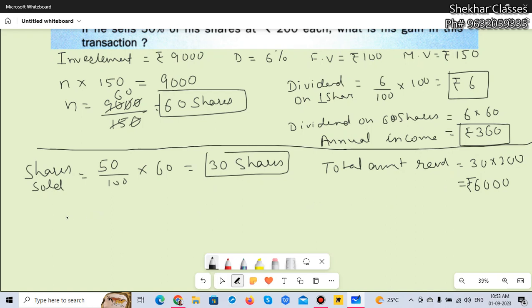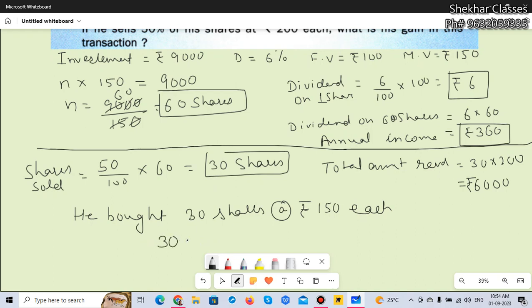He bought those 30 shares at 150 rupees each. So what was the price he had paid earlier? That will be 30 into 150. How much is that? 4,500. He had paid 4,500 for buying those 30 shares.